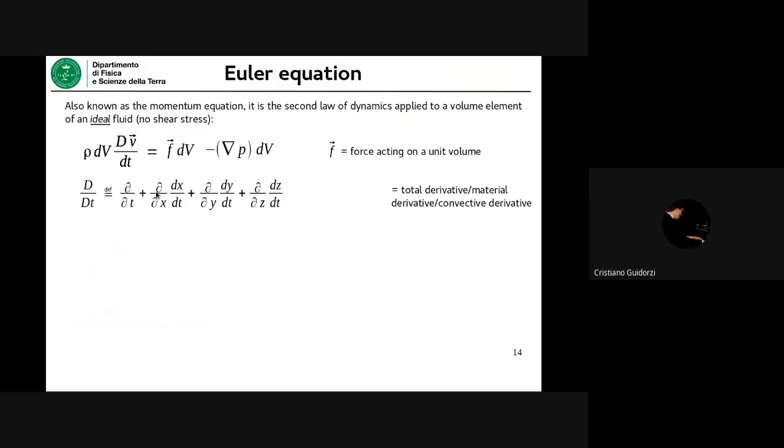So derivative with respect to x times the time derivative of x, and so the same for the other coordinates. So this total derivative or convective derivative, which usually is denoted with capital D, is nothing but this, which can also be summarized as this guy here.